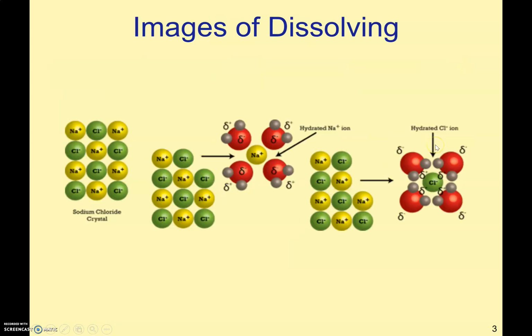So this is an image showing how dissolving happens. Here, this is an ionic compound. And remember, in this form, when it's not in water, it doesn't conduct electricity.